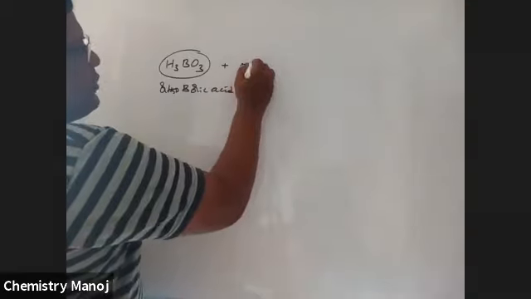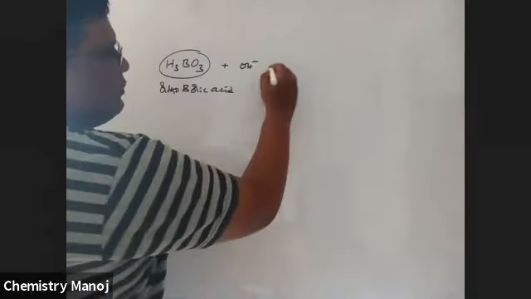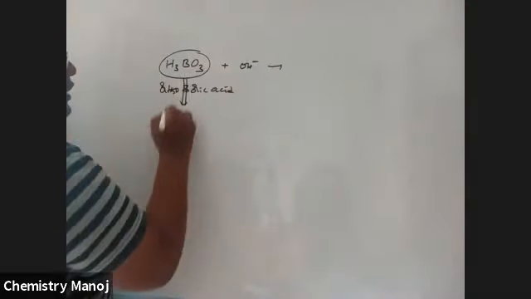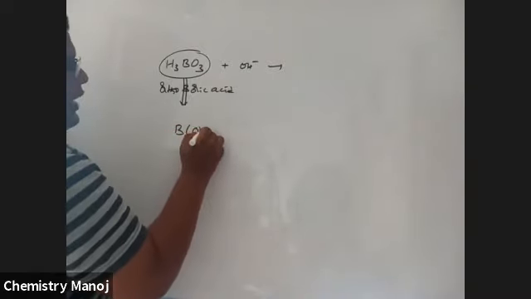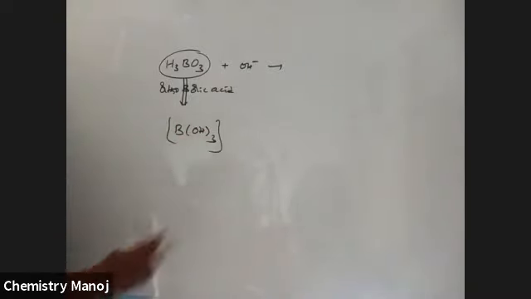This one reacts with OH minus ion from a base. This H3BO3 is also written as B(OH)3, and B(OH)3 is also taken as H3BO3.